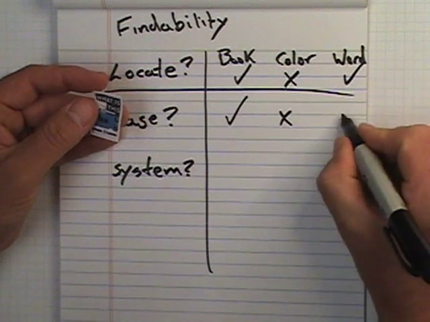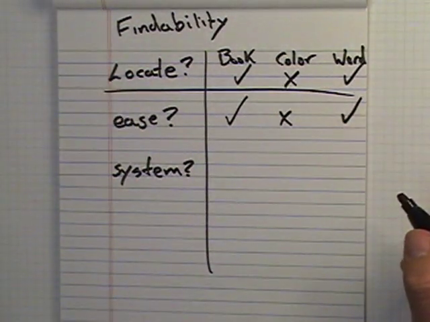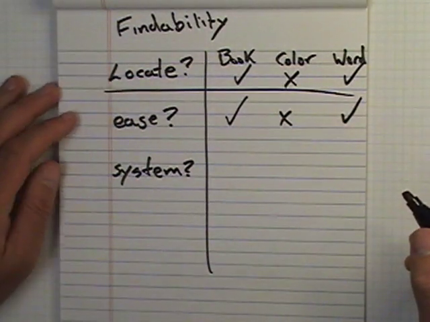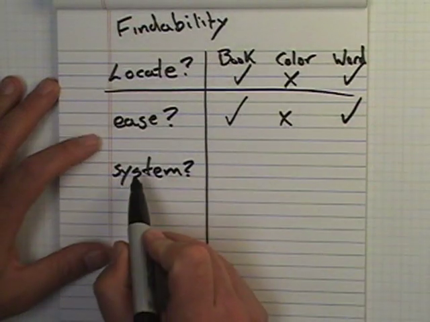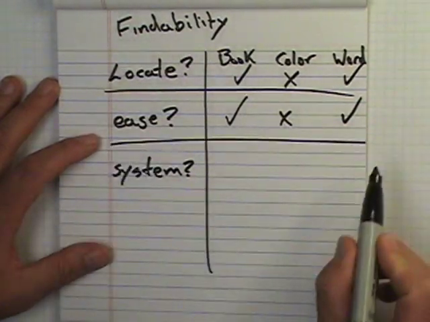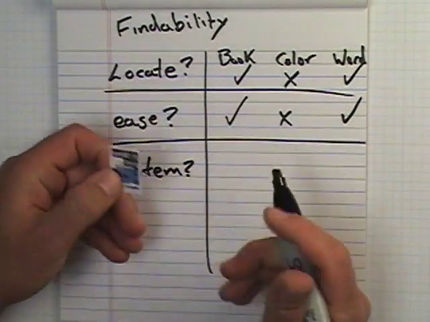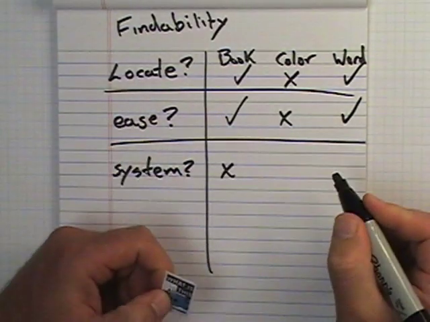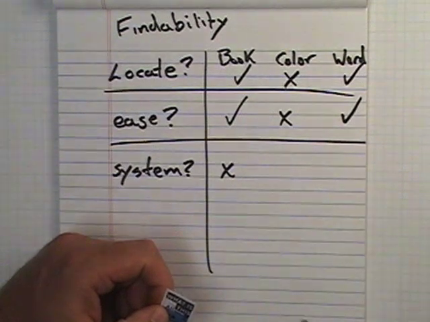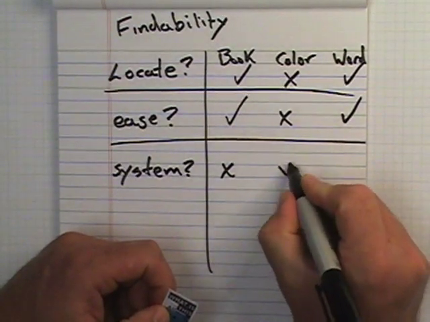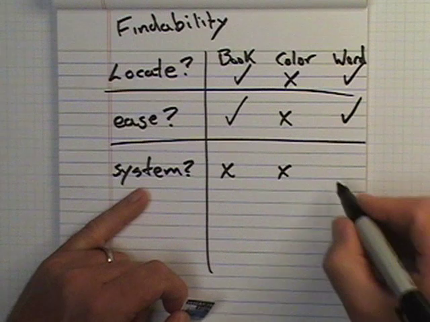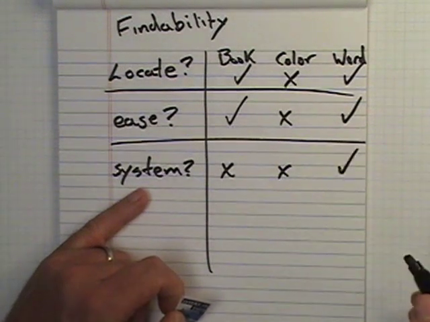And the word, relatively easy, but easier because of the website cancer.gov that we found, which made the words quite findable. Finally, the system. Did the books have a system? In this case, no, they didn't. The color, I could do something esoteric with chemistry, sure. And the word itself, did it have a system? Yes, very much so. There were several systems in place there.